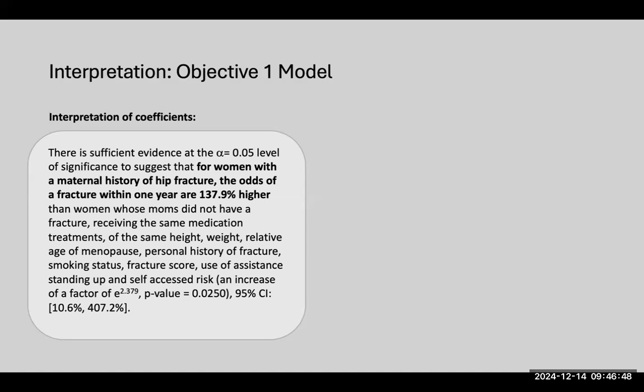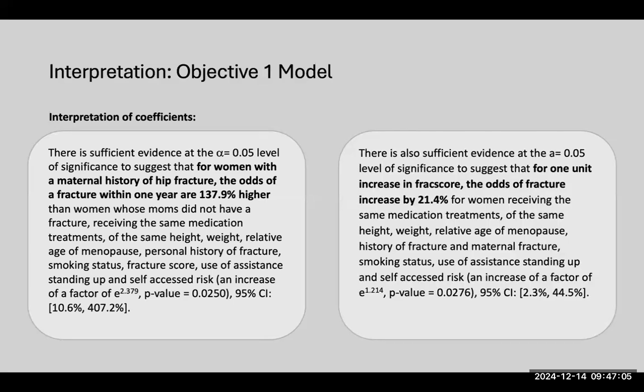And that's for women receiving the same medication treatments, of the same height, weight, relative age of menopause, personal history of fracture, smoking status, fracture score, use of assistance standing up, and self-assessed risk. There's also sufficient evidence to suggest that for 1 unit increase in FRAC score, the odds of fracture increase by 21.4%, again, for women accounting for those other variables.